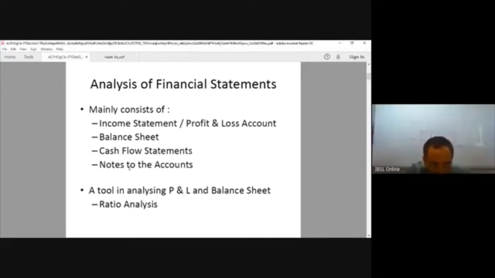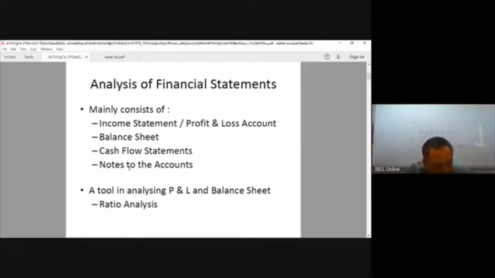So what is the profit or loss produced by this company for a particular period of time? That's why we call it a period statement.